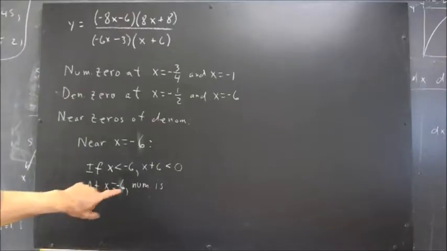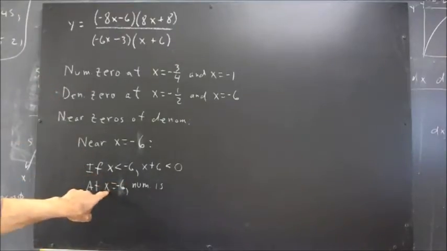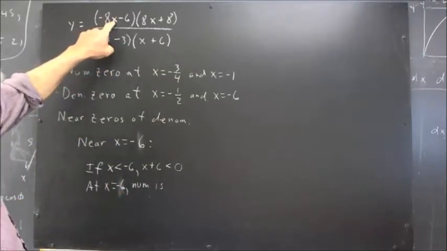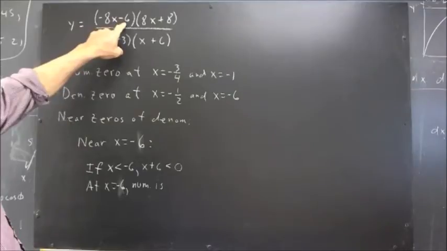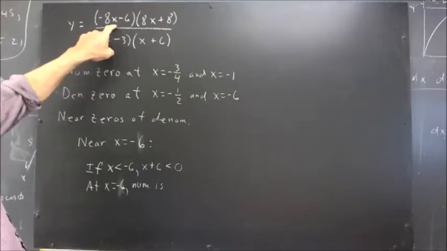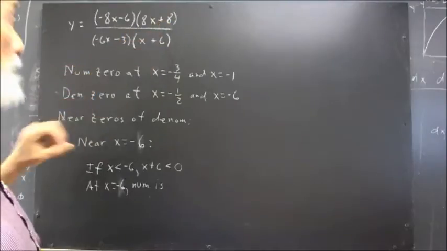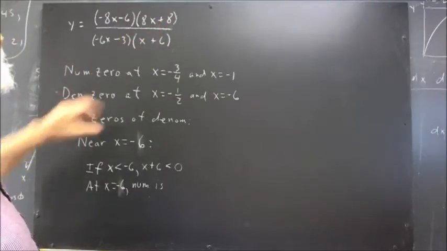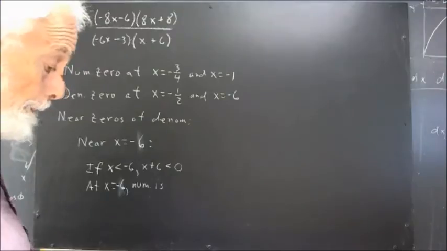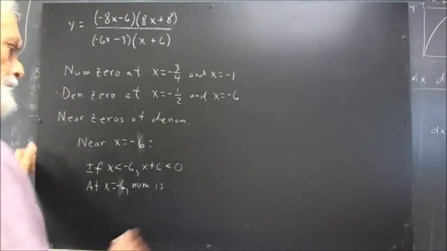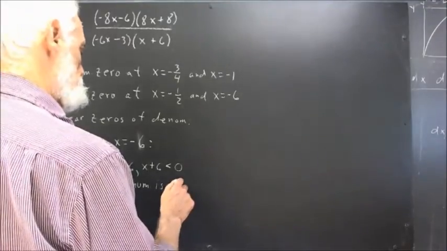One of these days I'll stop making mistakes on videos, but that day isn't here yet. Okay, x equals negative 6. You're going to have a plus 48 here, and minus 6 is going to be plus 42. You're going to have negative 48 plus 8 is negative 40. So it's negative 42 times 40, and that's 1,680, negative 1,680.